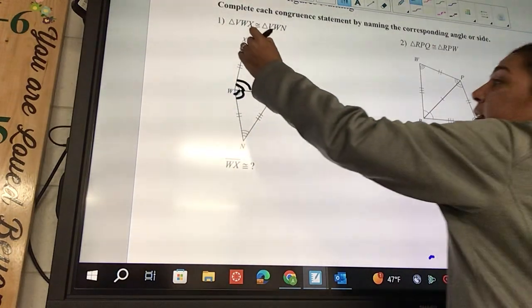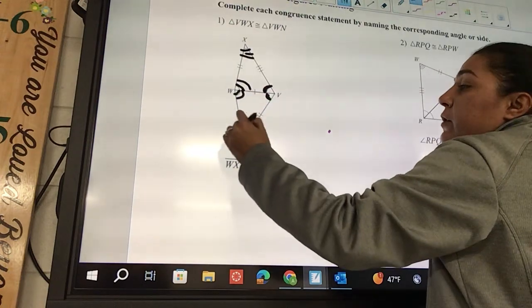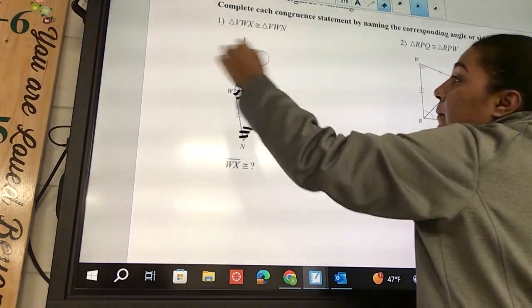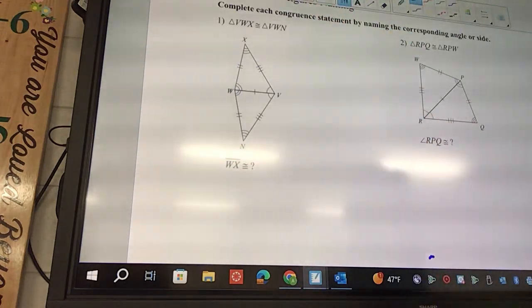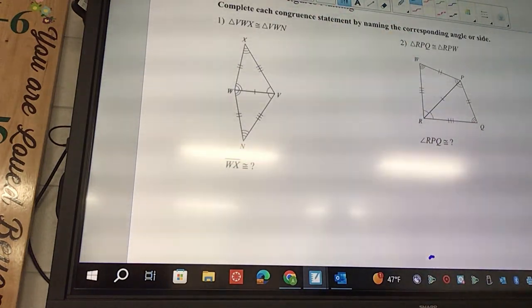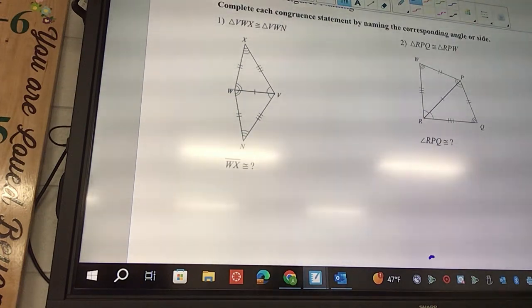Lastly, this one has 1, 2, 3, and 1, 2, 3. That means they're congruent. When they have tick marks or rainbows and they match, whatever the measure is, and in this case we don't know, the other one is the same.